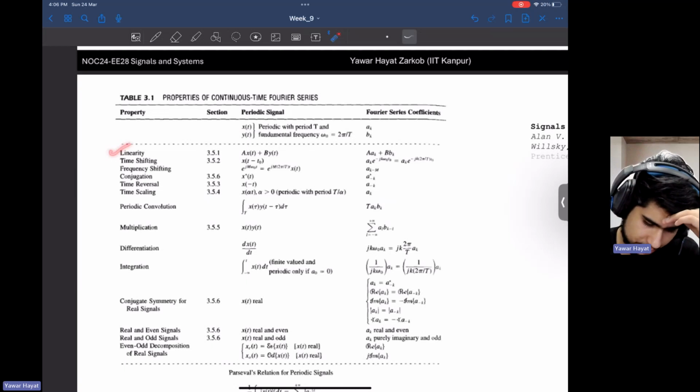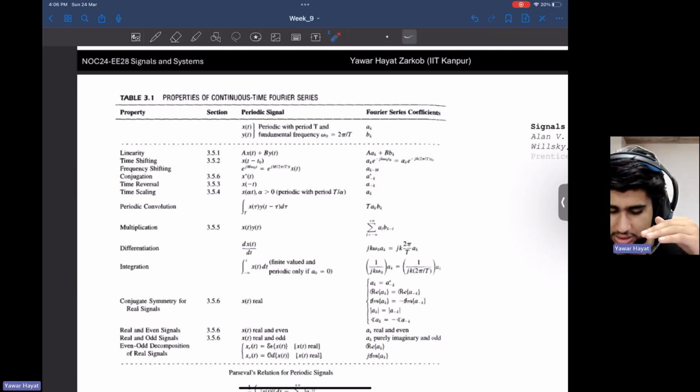Time shifting, we saw this. Frequency shifting, conjugation: Fourier series coefficients are conjugated and time reversed. x of minus t gives a minus k. Time scaling leaves Fourier series coefficients unchanged, though the Fourier series representation is changed.